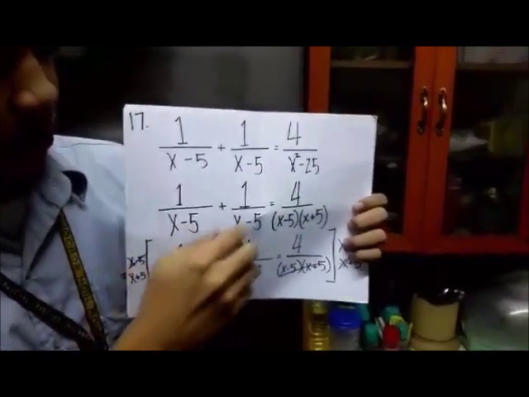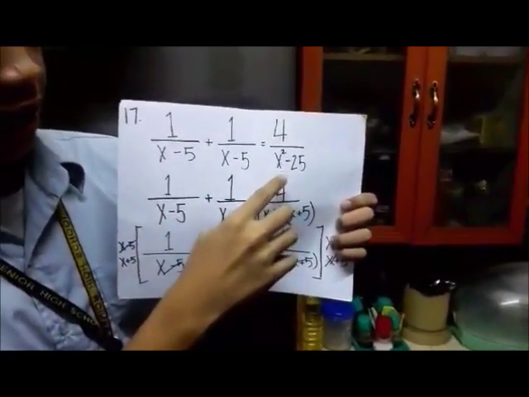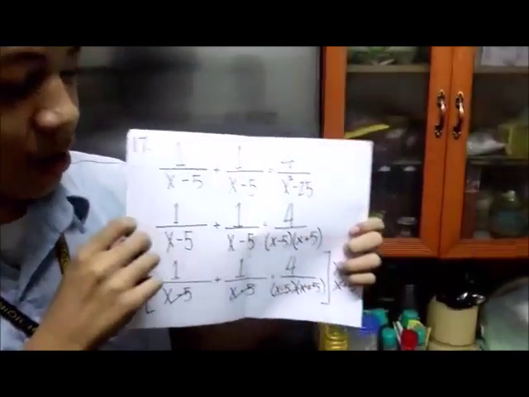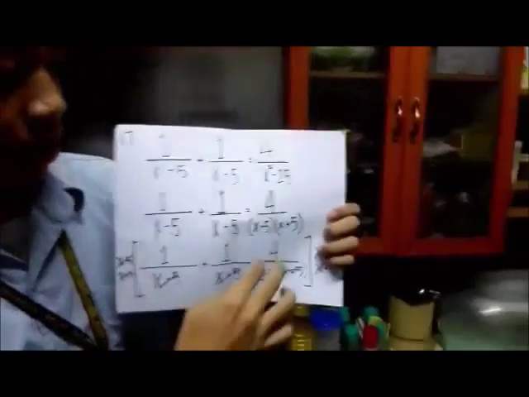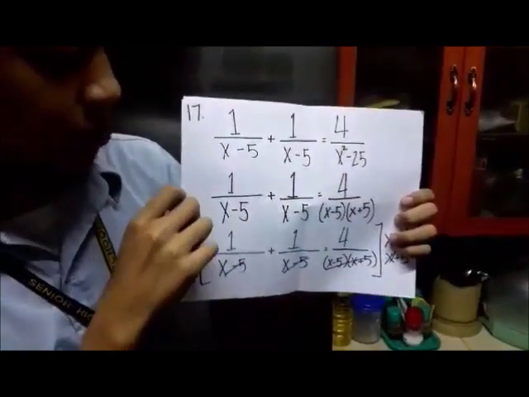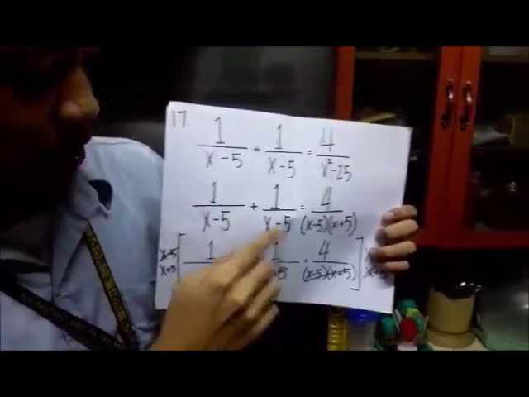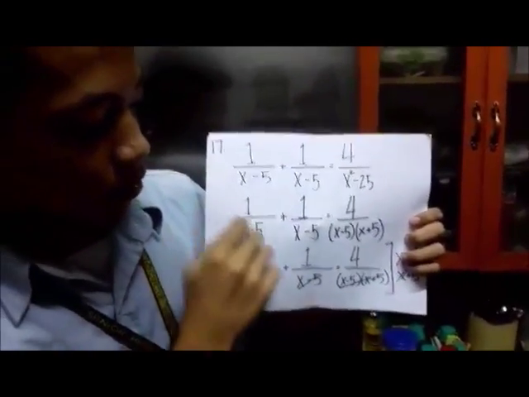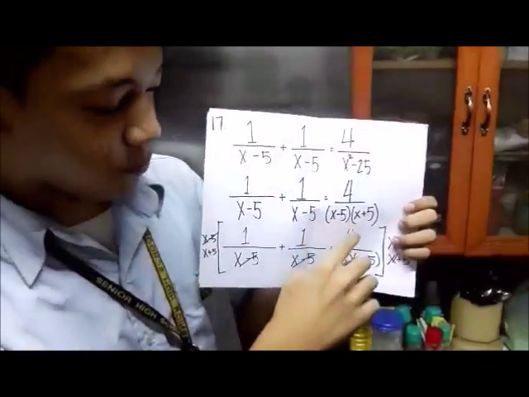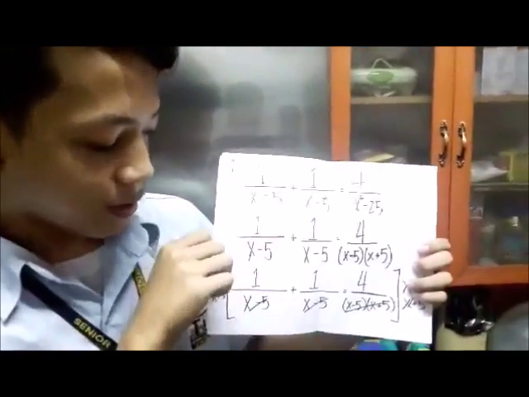So, sir, yung x squared minus 25 is a perfect binomial. So, kailangan mo siyang i-factor out. So, magiging 1 over x minus 5 plus 1 over x minus 5 equals to 4 tapos over x minus 5, x plus 5.